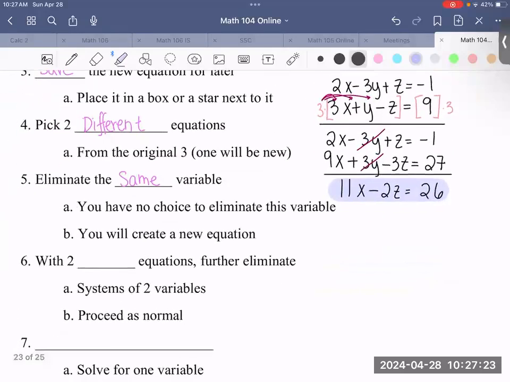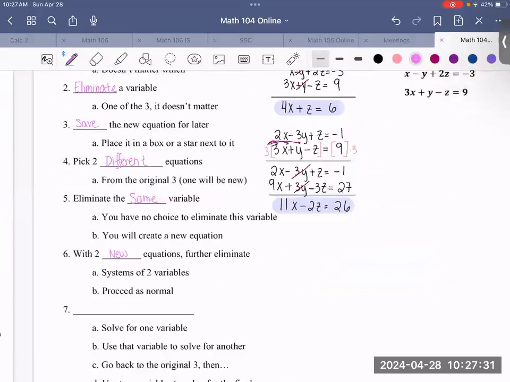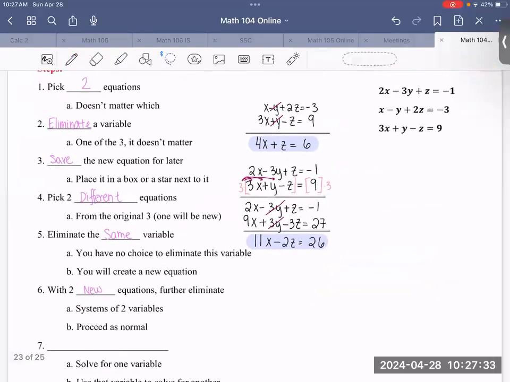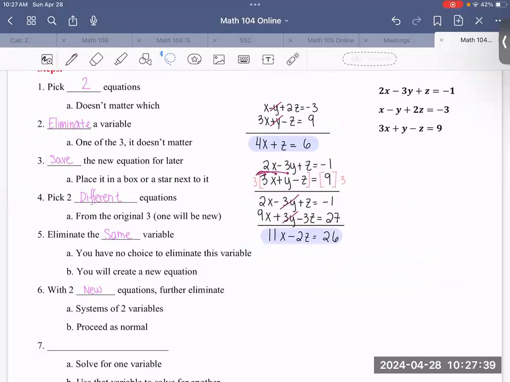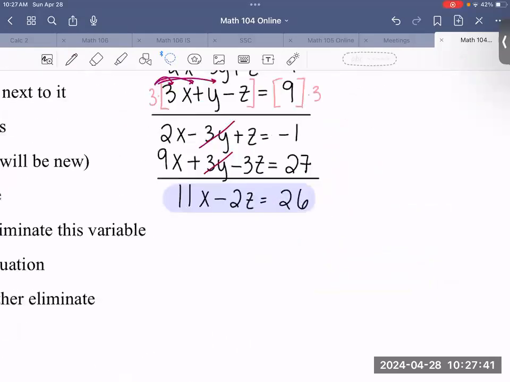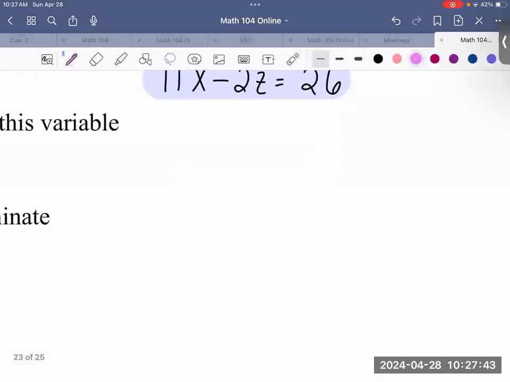So it says with the two saved equations, we're going to further eliminate. So let's stack them up on top of each other. Now I'm going to move this a little bit so that it's kind of underneath to the side. Okay, so let's bring these two equations together.